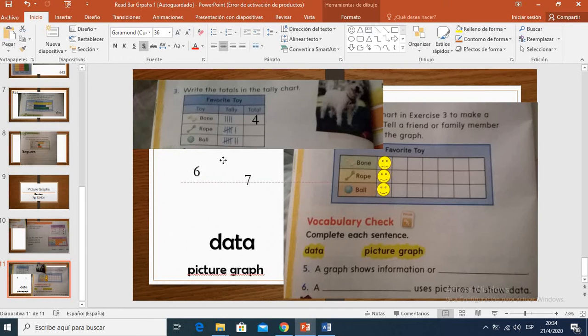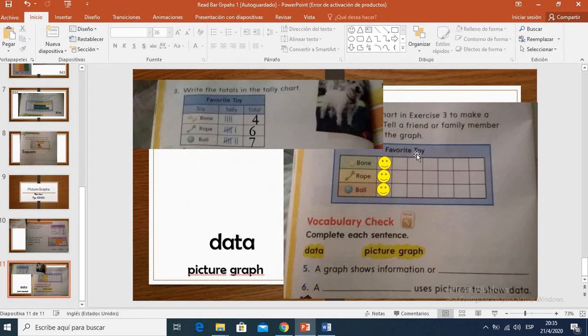Ready? Now, how many votes for rope? 6 or 7? 6, very good. So you need to write number 6. And the last one, 7. Very easy.